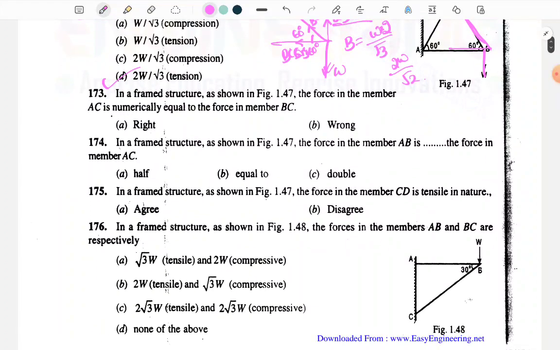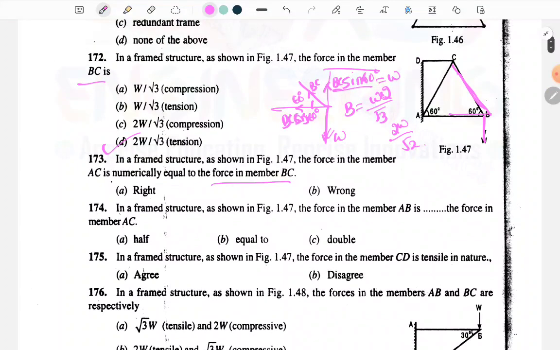In a frame structure, the force in the member AC is equal to the force in the member BC. It is an equilateral triangle, so almost the same load will be there. Next, the force in the member AB is asked. This is BC into sin 60.